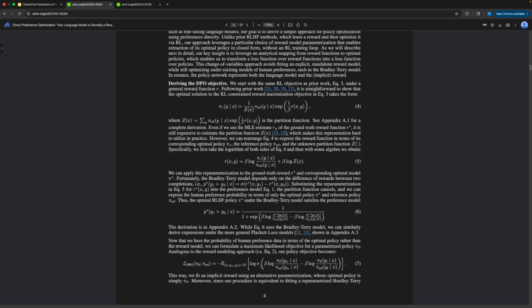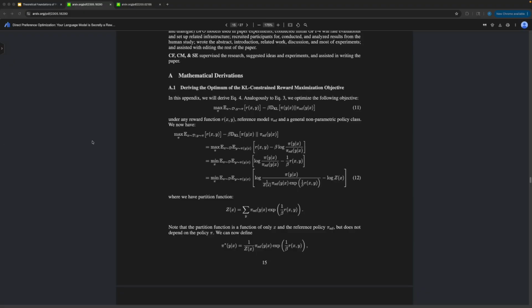And that means that if we try to minimize this objective, we would train the best possible reward model, but it's implicit in nature, and since it's parameterized in terms of the optimal policy, we would learn the parameters for your optimal policy. This way you can fit and find your optimal policy using purely supervised training without even doing RL.